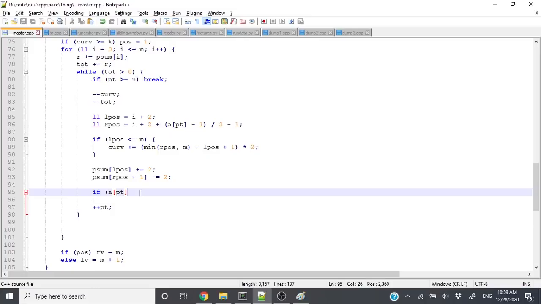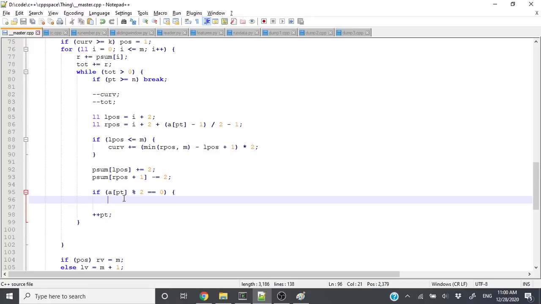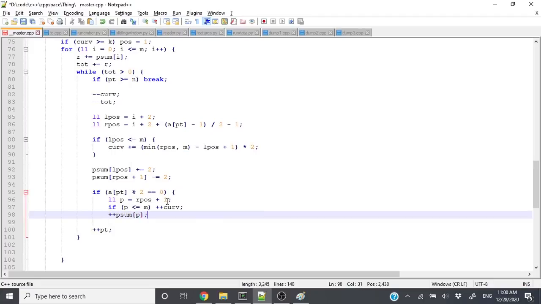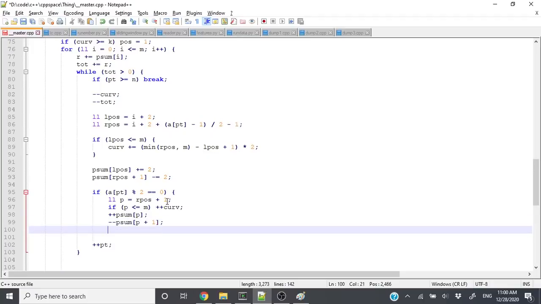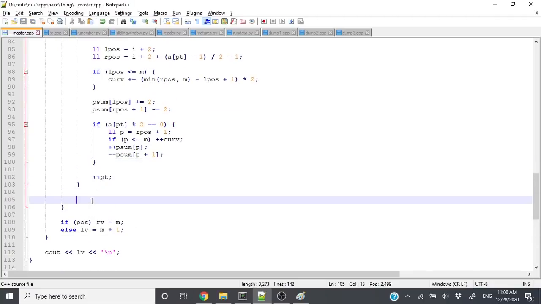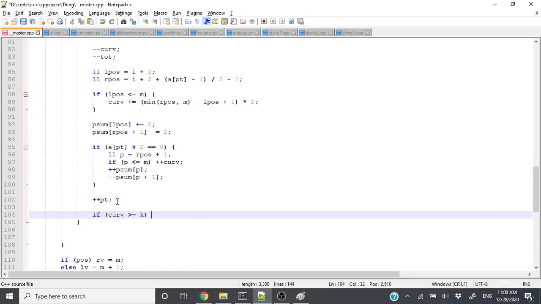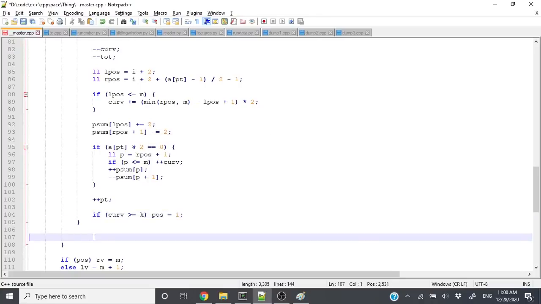If a[p] is even, then we get an extra position at p equals Rpause plus 1. Then if p is less than or equal to M, plus plus curV, plus psum p, minus minus psum p plus 1. And that should be it, I believe. If curV is greater than or equal to k, pause equal 1. That is, we found an answer.